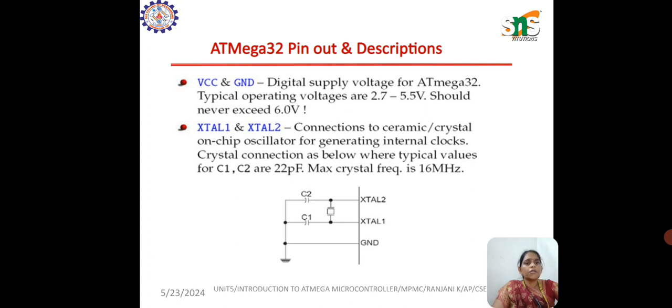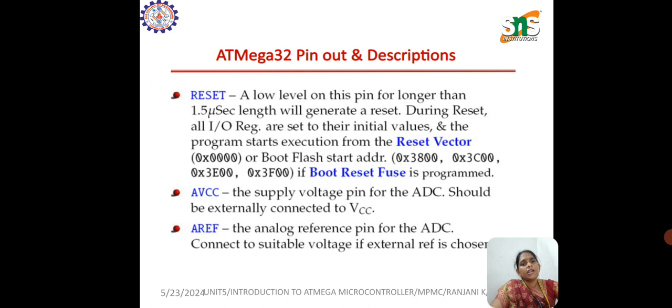It produces a clock frequency up to 16 MHz. Next is the reset pin; a low level on this pin for no longer than 1.5 microseconds will generate a reset. AVCC is the supply voltage pin for the ADC, which should be connected externally, and AREF is the analog reference pin for the ADC.